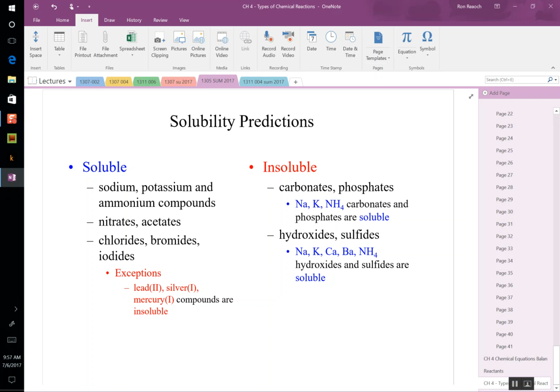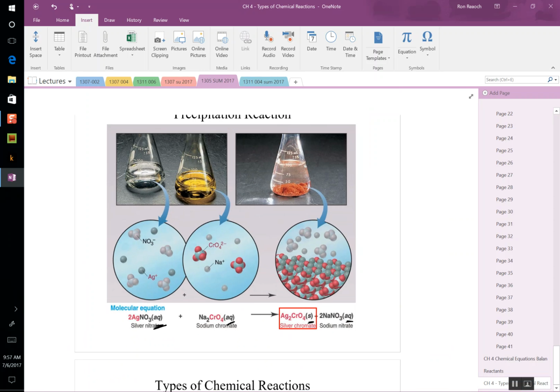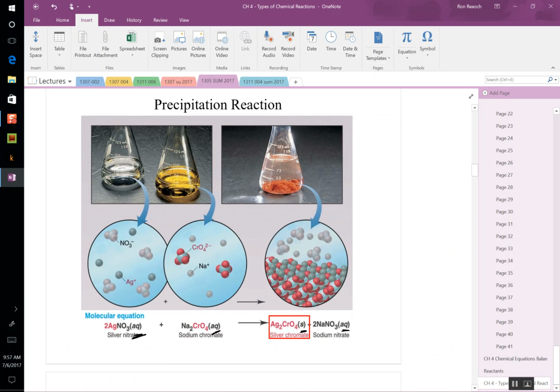This is your simplest rule right here. Well, these two rules right here. Soluble. Sodium, potassium, ammonium compounds are soluble in water, and there are no exceptions. So sodium anything. Look at right up here. Sodium chromate was soluble in water. Sodium anything is soluble in water.